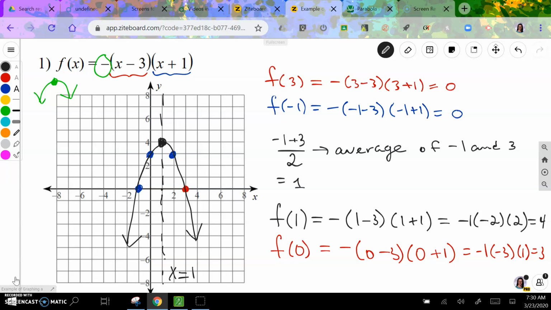Now let's double check. I want to make sure that we answer everything we were asked to answer, and I also want to label our work real quick. This was our work to find the vertex, and this is our work to find the y-intercept. This was our work to confirm the x-intercepts. I won't call them zeros because they're x-intercepts.